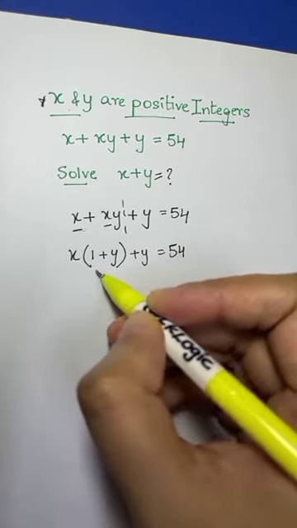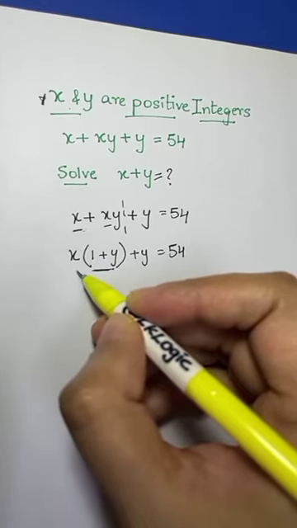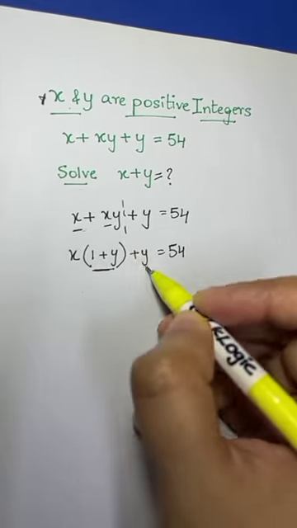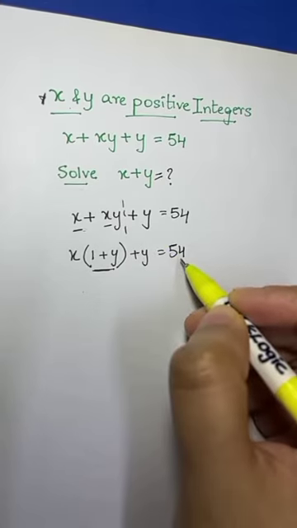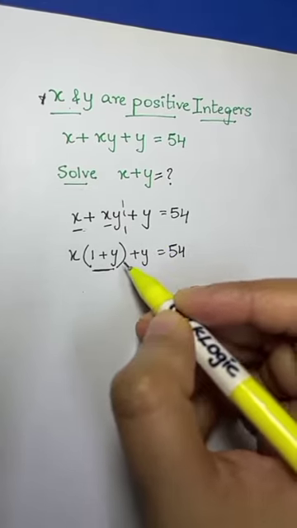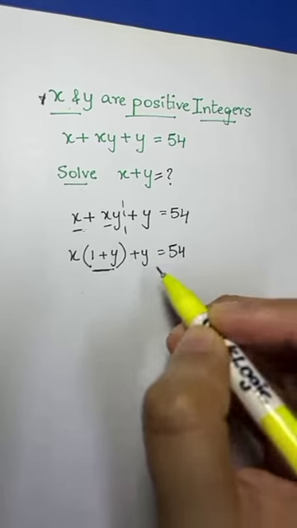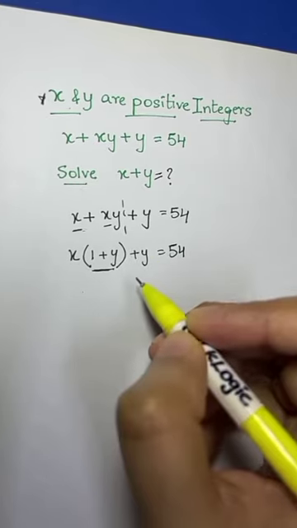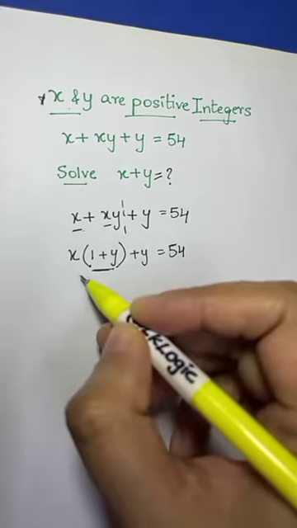So this looks like a factor. But what about this plus y and this 54? It doesn't seem to be looking good. So let's factor the left hand side.